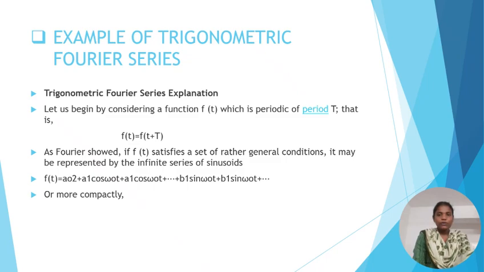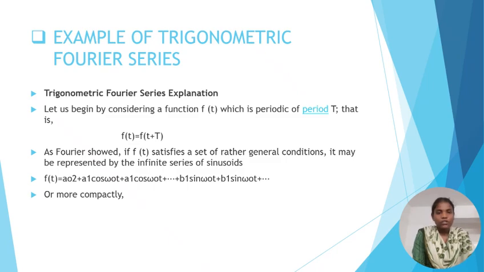Next, we discuss an example of the trigonometric Fourier series. Let us begin by considering a function f of t which is periodic with period T, that is, f of t is equal to f of t plus T. In this equation, we are using the shifting operation.